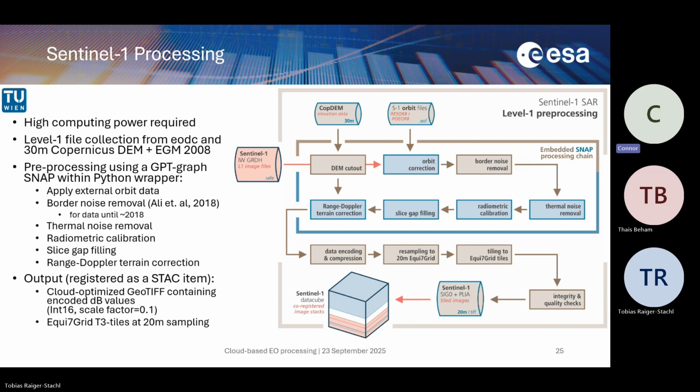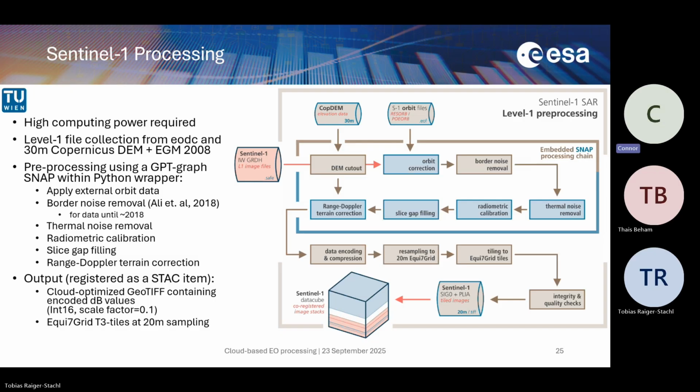We start from a collection from UDC and the 30 meter Copernicus DEM, digital elevation model. And we use a Python wrapper that wraps around a GPT graph from SNAP. SNAP is the ESA official software for pre-processing and more.